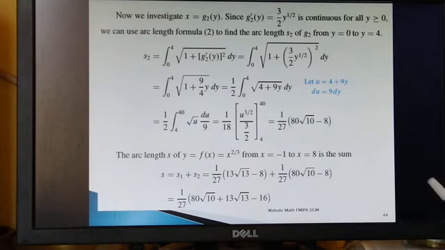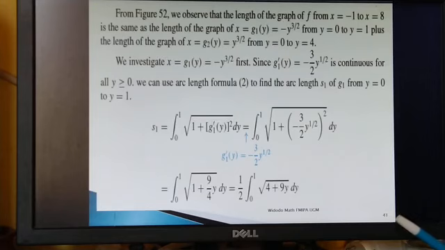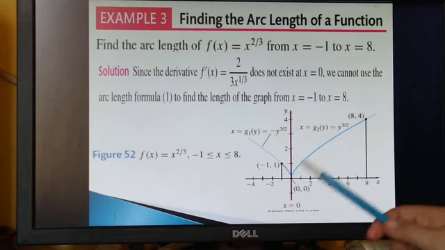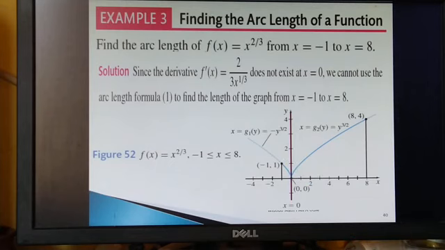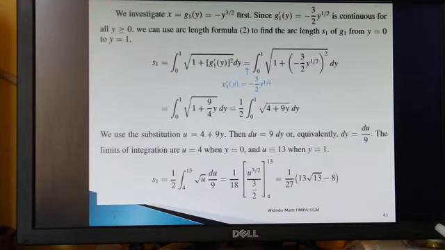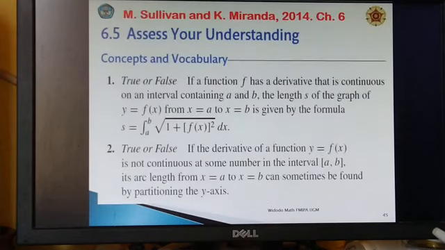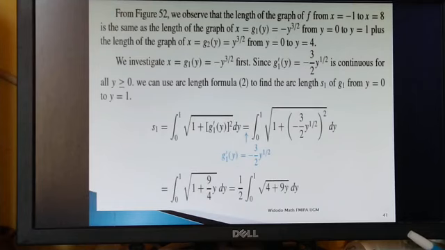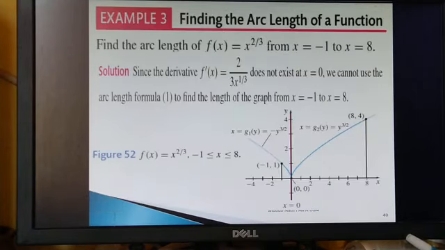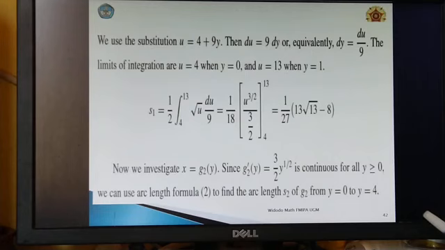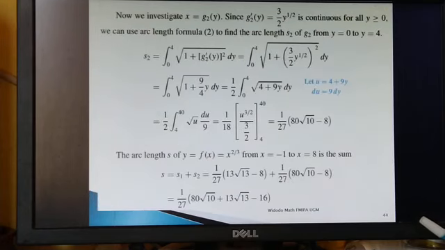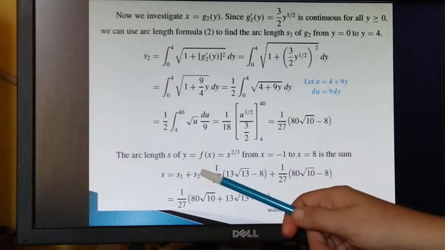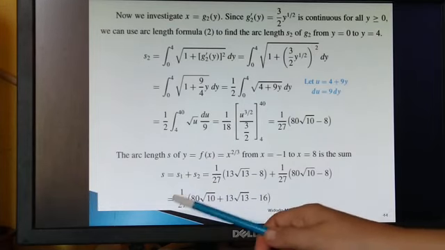Then we conclude that the arc length of these two pieces is equal to S1 plus S2, so altogether equal to this number.